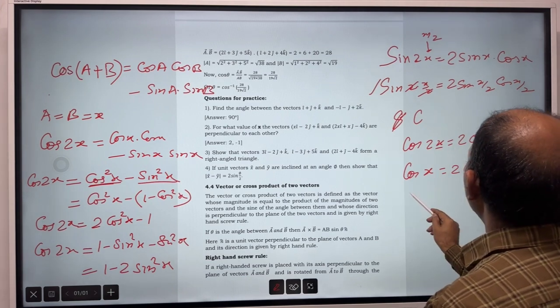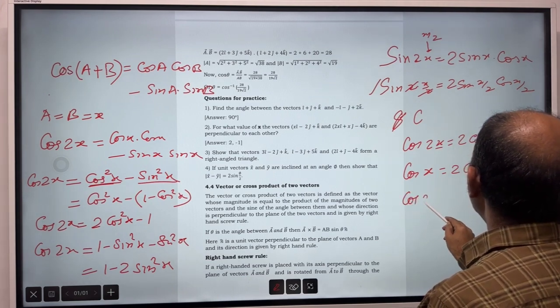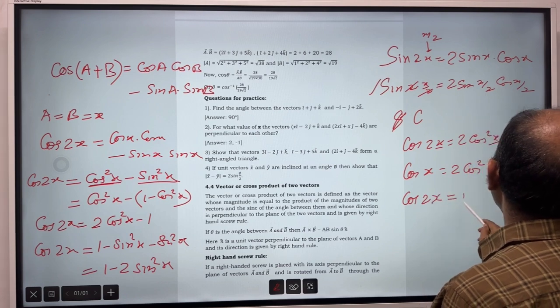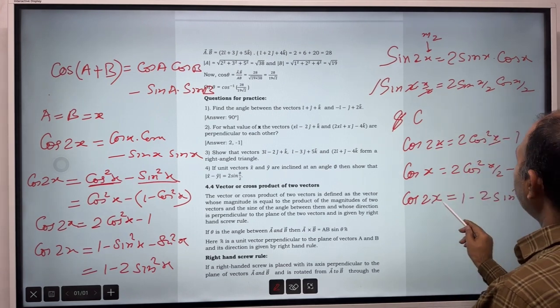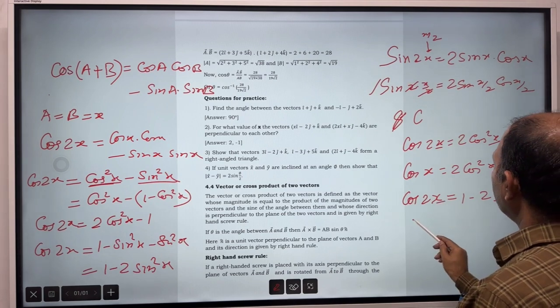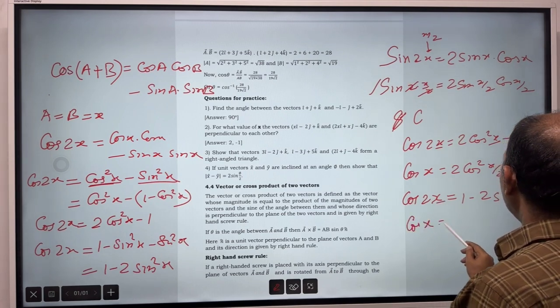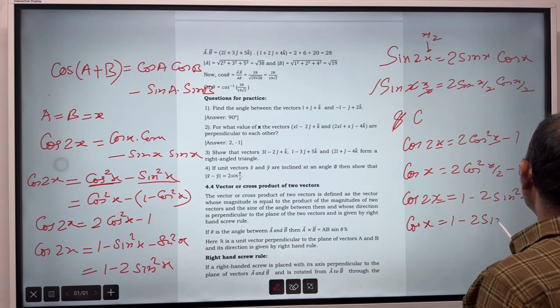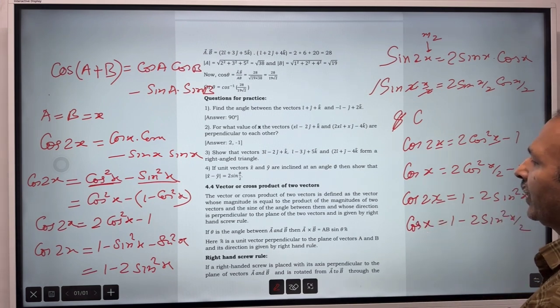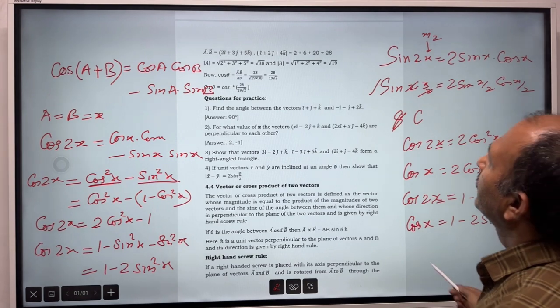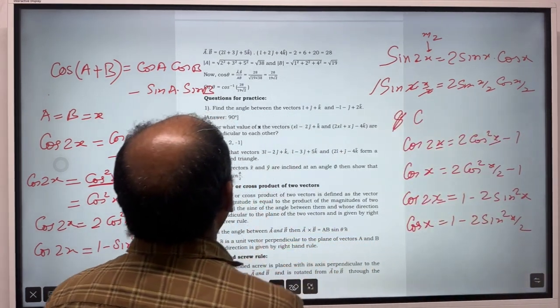Similarly, if we want to write the same formula in terms of sine, cos 2x is equal to 1 minus 2 sine square x. Now if we replace x by x by 2, cos x will become 1 minus 2 sine square x by 2. And the same thing we have used to solve the problem, this one.